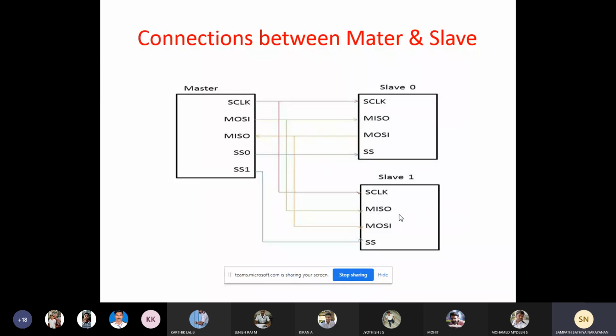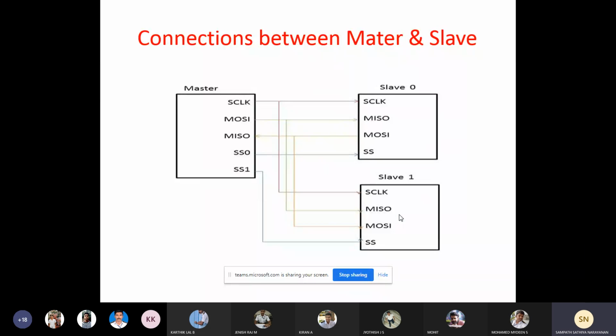SS0 and SS1 are the slave select lines for the slave devices 0 and 1. Similarly, the clock will be running for each slave device. Master output slave input, master input slave output, and slave select line and a clock line. So 4 lines will be used for communicating between the master and the slave devices.